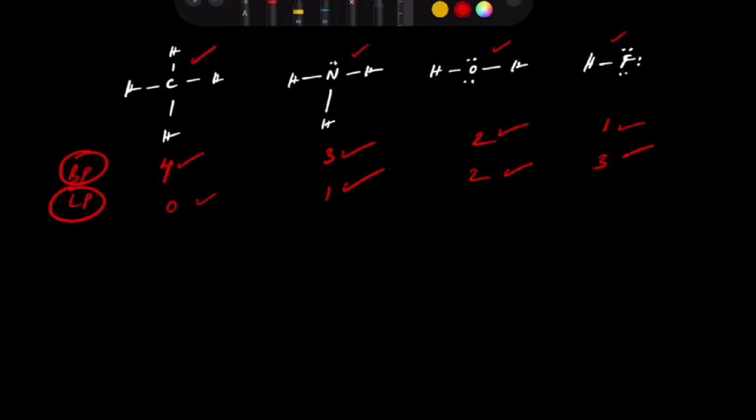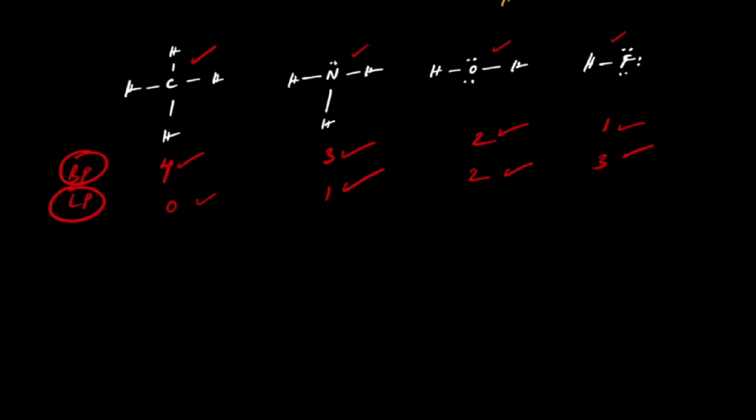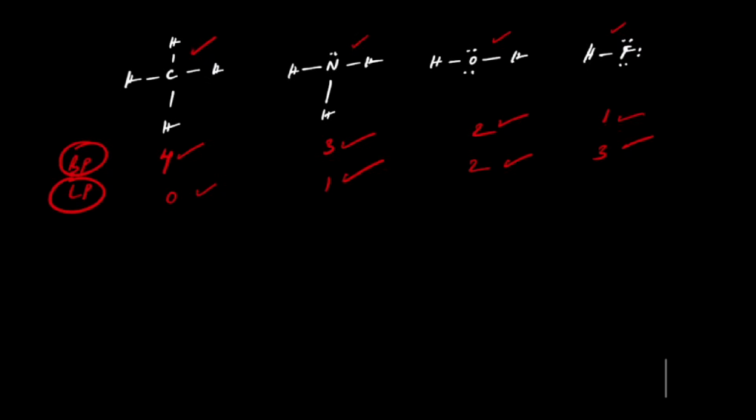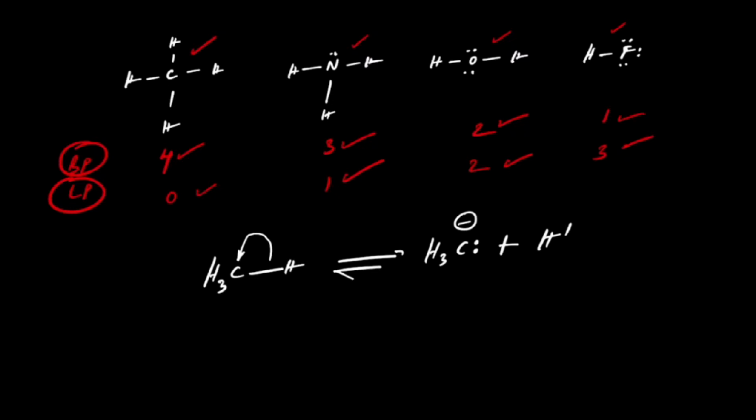Now, if I want to compare the acid strengths here, let me write down quickly. CH3H, I'm just writing the short form. When it is acting like an acid, it will take away this bond pair, and what will be left here? H3C minus plus H plus.